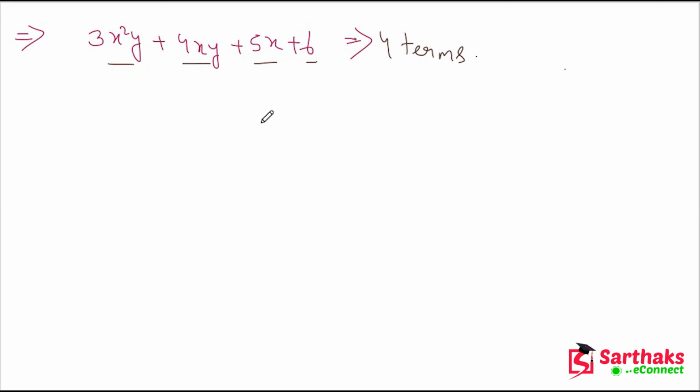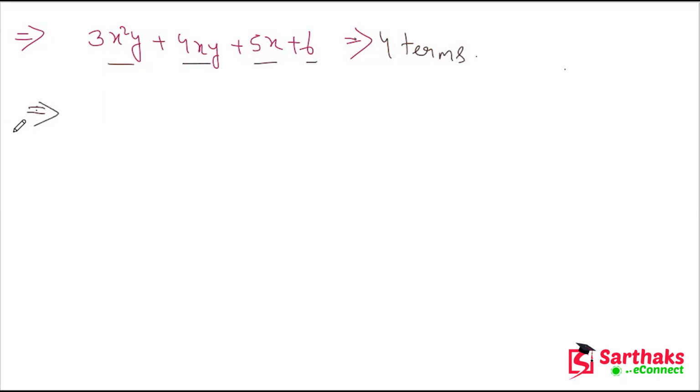Now an algebraic expression can have any number of terms. There is no limitation on the terms. It may be 4, 5, 6, 7, till infinity.